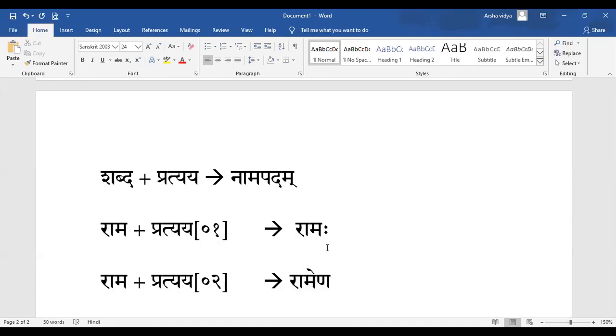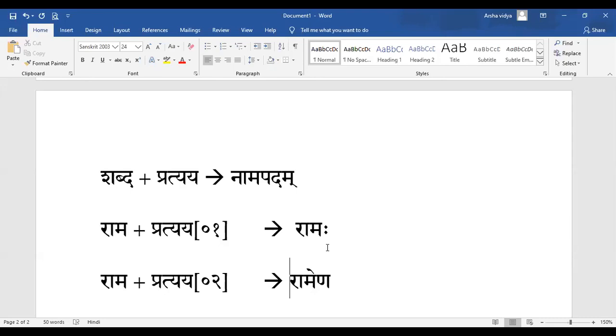So "by Rama", Ramena. In Tamil, how many of you know Tamil? Anybody knows Tamil? I know. Yes, Jay. Okay, you can compare with your mother tongue. Ramanal, Ramanal kollapattan, that is what I am talking about.